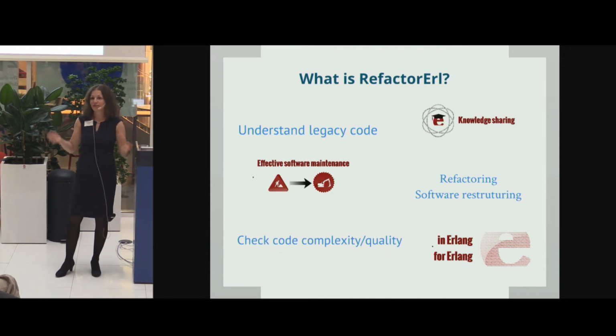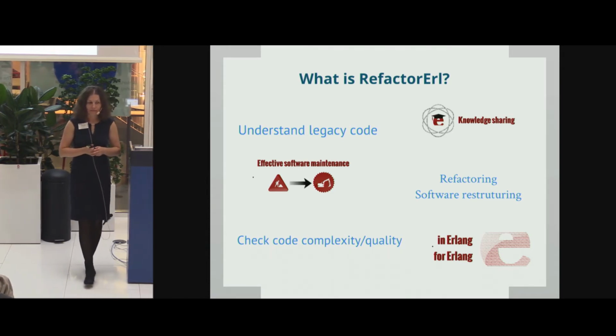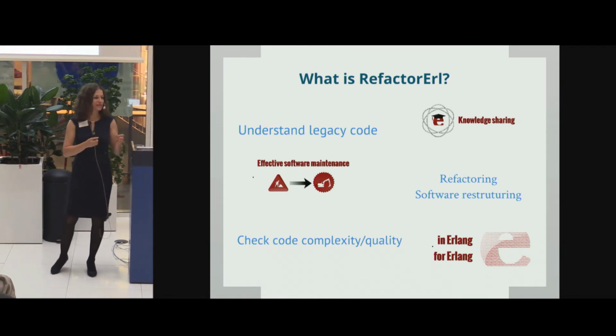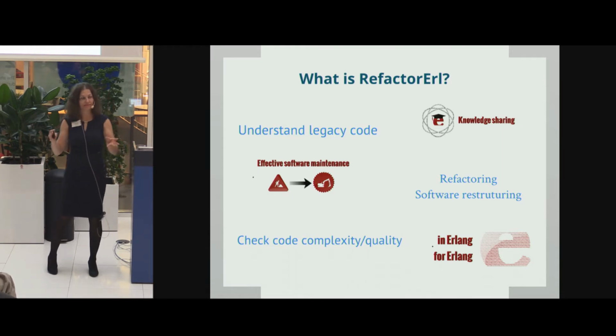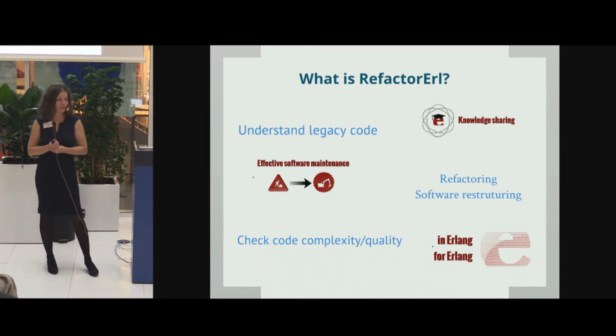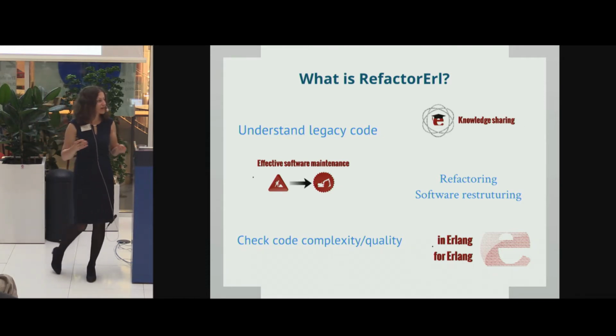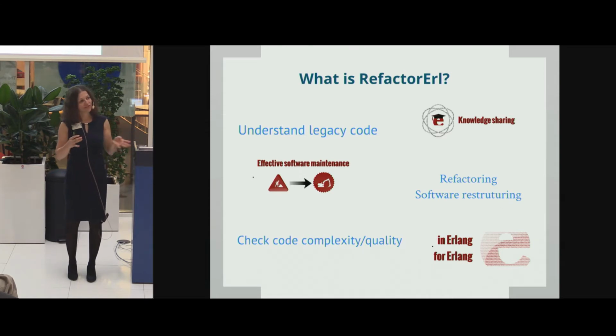We have refactorings to support the introduction of parallel constructs in the code as well, but this is also something that can be considered a local transformation. And under refactoring, I also mean application restructuring or software restructuring.